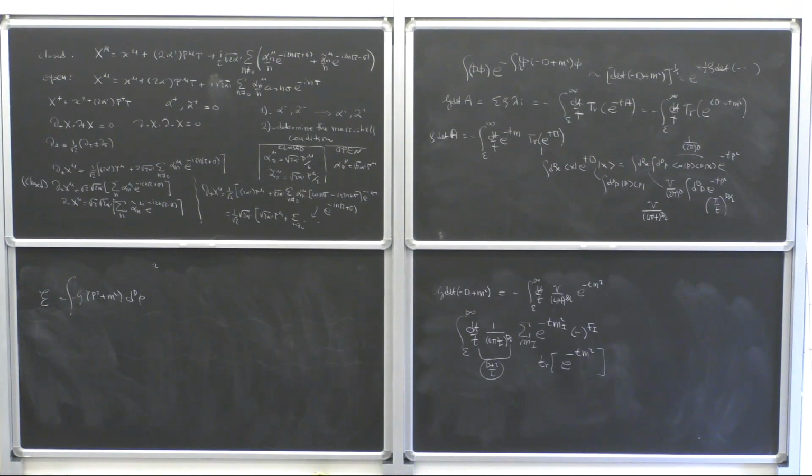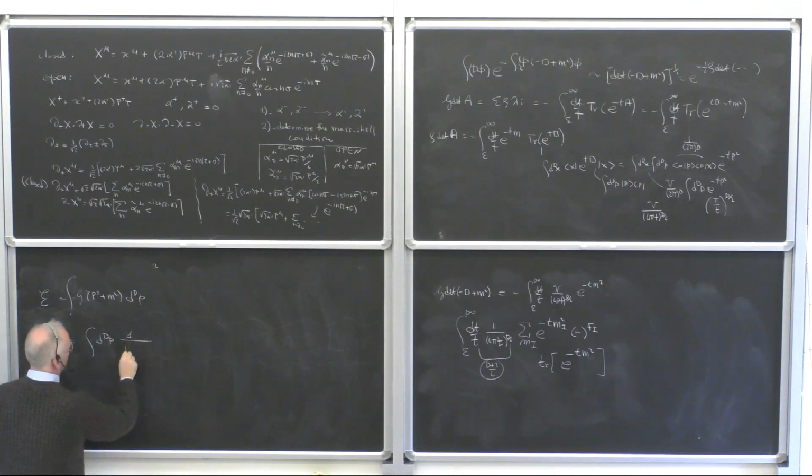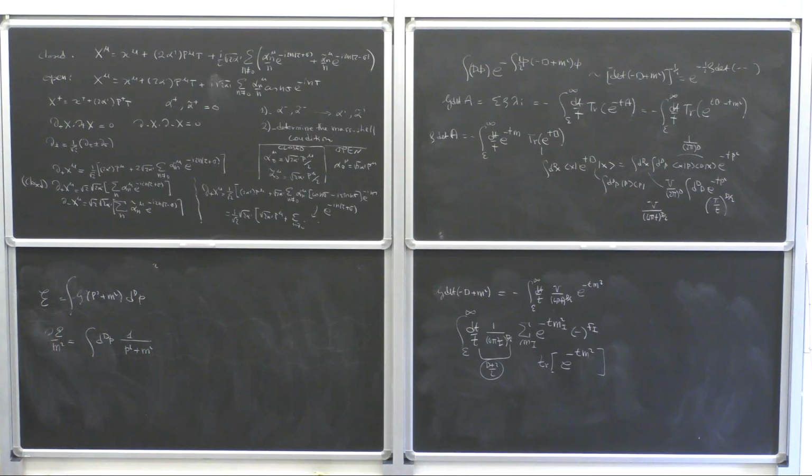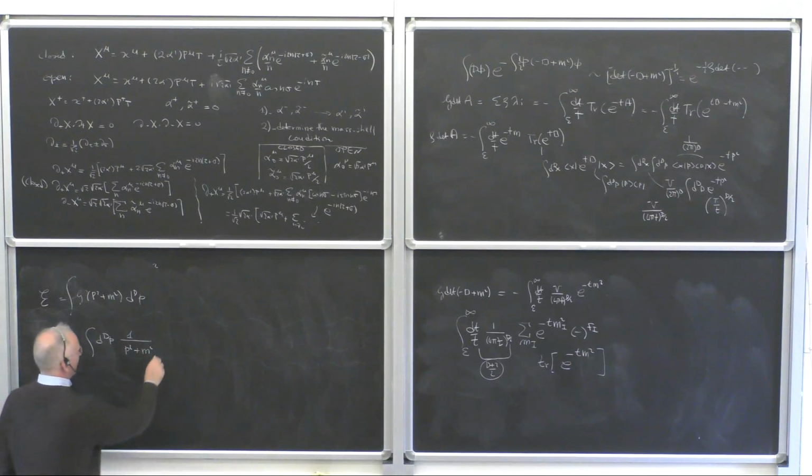And let me differentiate this quantity with respect to m squared. Okay? Then let me write it explicitly.